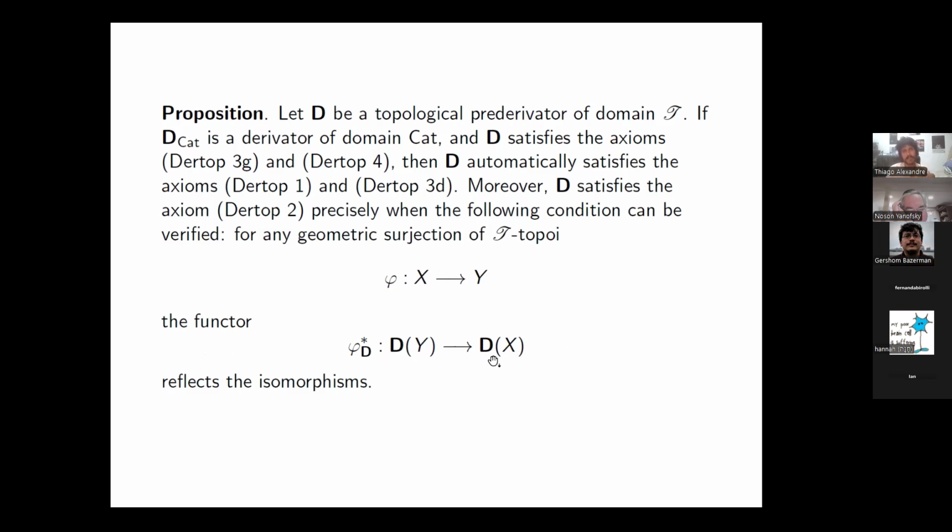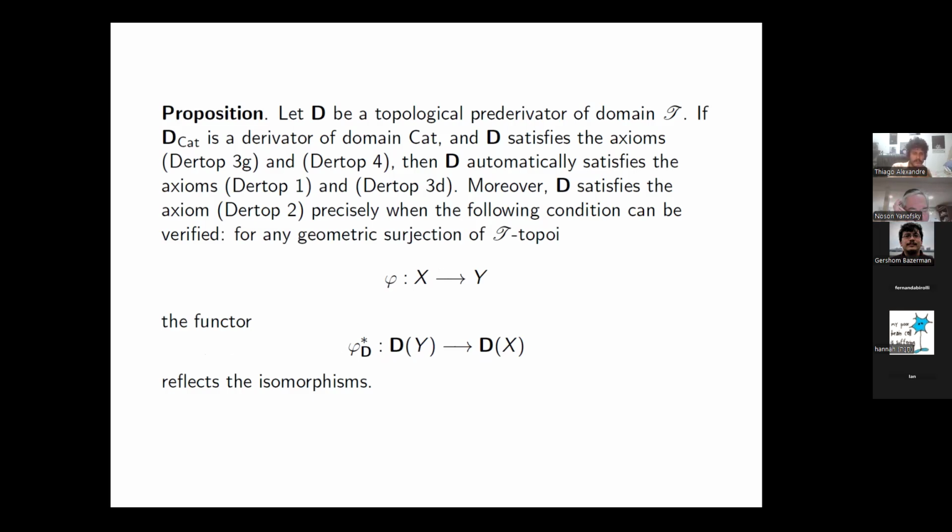This property of geometric surjections is preserved by a topological derivator, and if we have a geometric immersion, then the right adjoint, the direct cohomological image of the inverse image, is fully faithful.